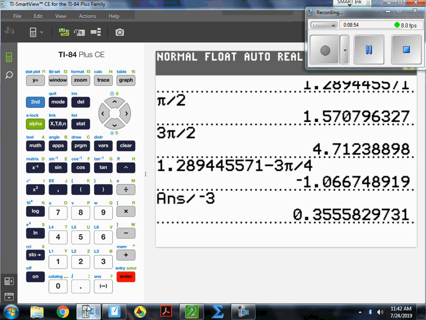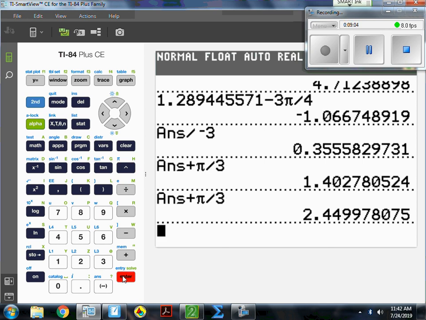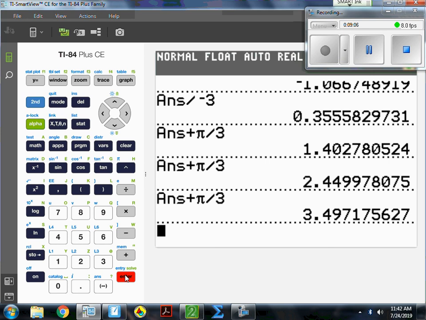So on my calculator, I have this number. That's for n equals 0, and then plus pi over 3. So now I have 2 answers, 3 answers, 4 answers. That's going to start to go off the screen. Let's see if I can capture that.